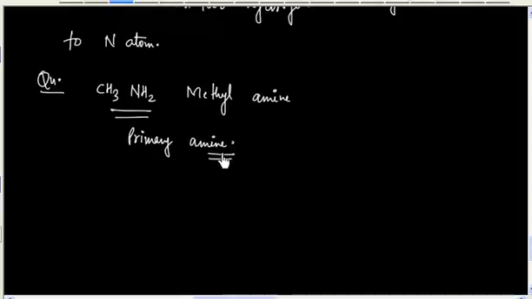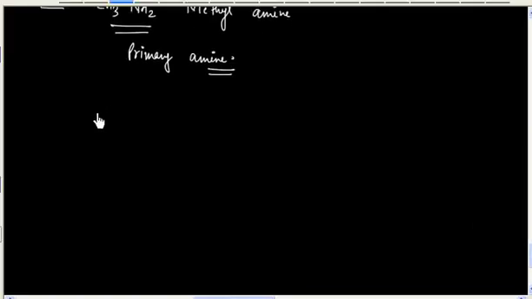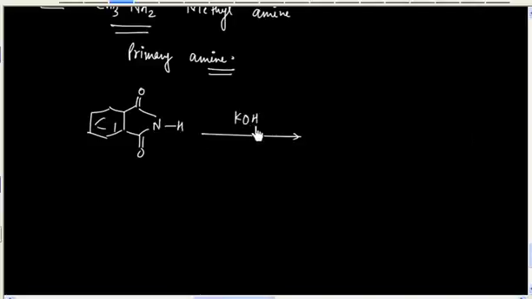So we can use Gabriel phthalimide synthesis. So we can have this one and treat with KOH. So this is phthalimide.